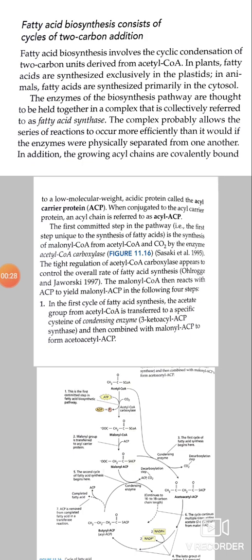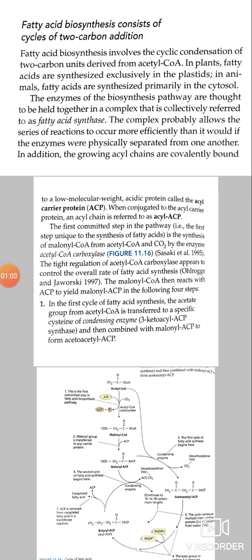In plants, fatty acids are synthesized exclusively in the plastids. In animals, fatty acids are synthesized primarily in the cytosol. The enzymes of the biosynthesis pathway are thought to be held together in a complex that is collectively referred to as fatty acid synthase.